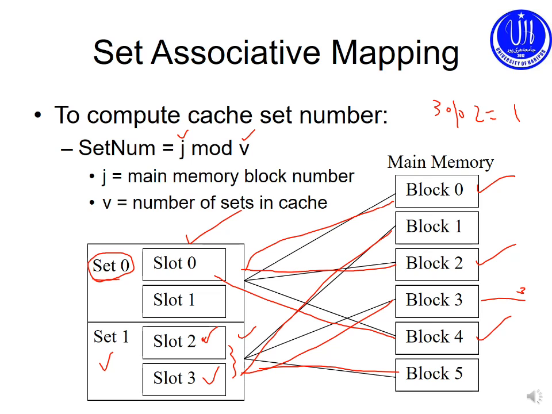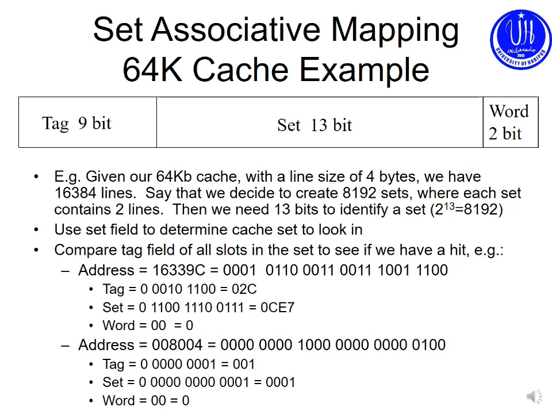If the number of lines in each set is 2, it is two-way set associative. If the number of lines in each set is 3, it is three-way set associative. If it is 4, it is four-way set associative. Now for the address structure, these bits are used for uniquely identifying the word.